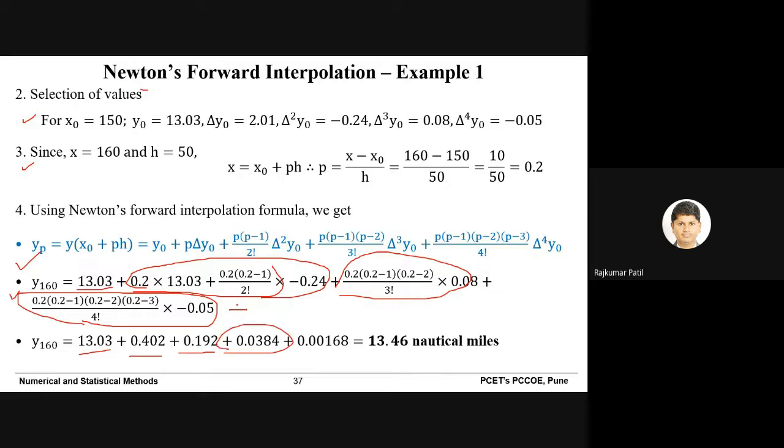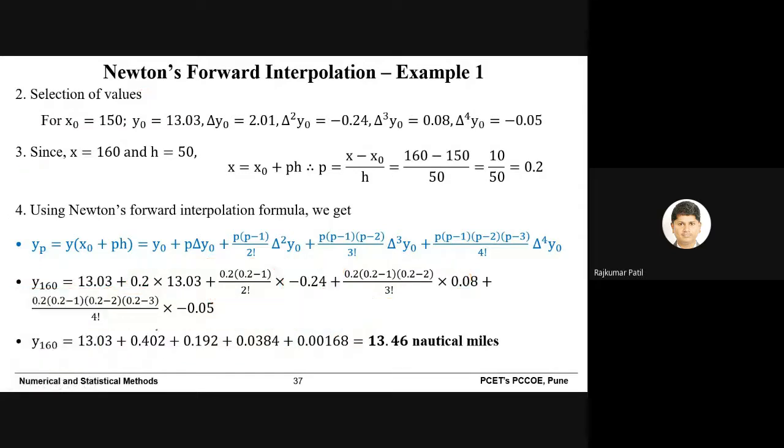And I also consider one more value here, particularly because when you look at this value for the higher order, it is 0.00168. So it is very close to 0. So you may think of neglecting those values, and you can consider only the values which are given in the table.